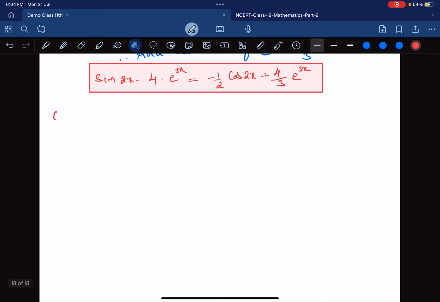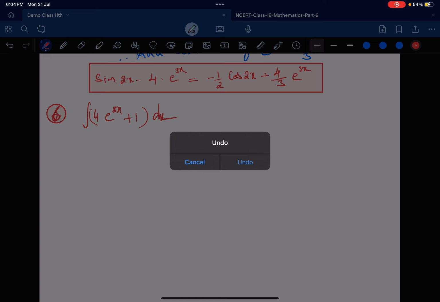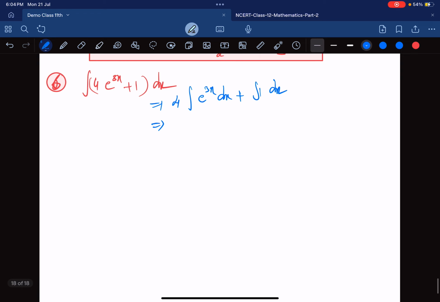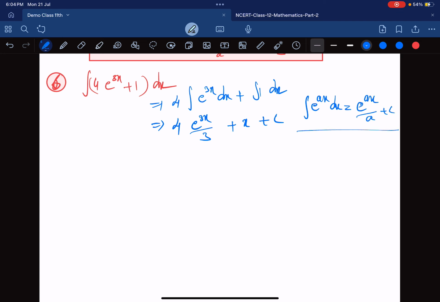Now we have the sixth problem, directly find the integrals. Integration of 4 e power 3x plus 1 dx. Make it separate: integration of e power 3x dx plus integration of 1 dx. From this we can write e power 3x by 3, and integration of 1 dx is x plus c, since the integral of e power ax dx is e power ax by a plus c.